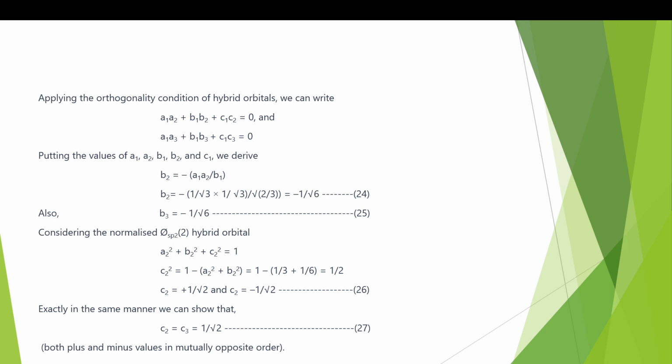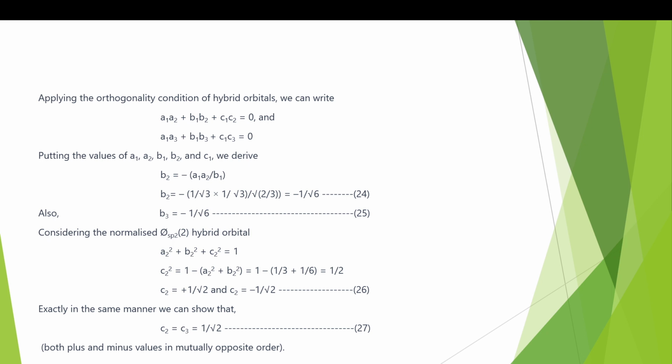Considering the normalized sp2 second hybrid orbital, we can write A2 square plus B2 square plus C2 square equal to 1. We know the values of A2 and B2, therefore we can evaluate C2 equal to plus 1 over under root 2 and minus 1 over under root 2. Again, the orbital Py is directional, therefore positive and negative values both are possible.